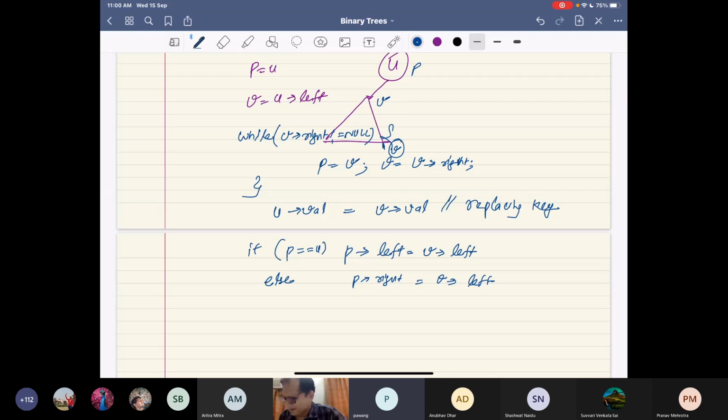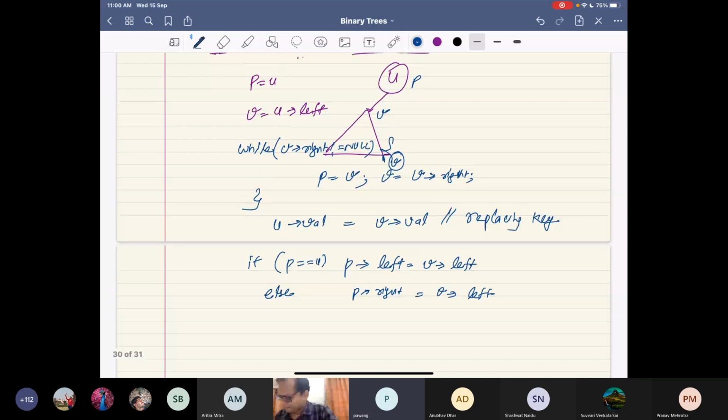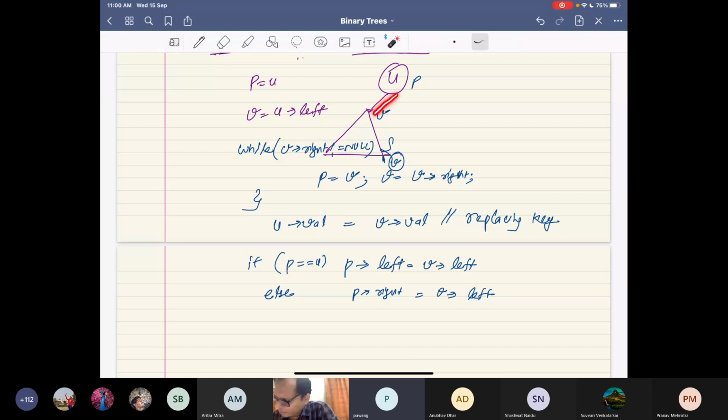So what is this logic? This logic is simple: you have this P, and now you will keep on moving your P here, here, and here, right? So if P was actually U, you are deleting V. V is here, you are deleting V from here.